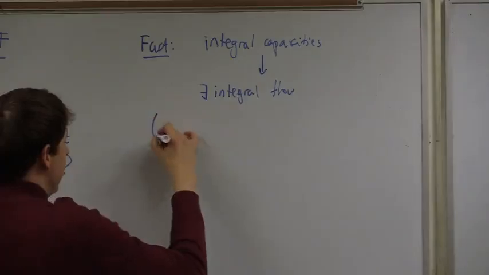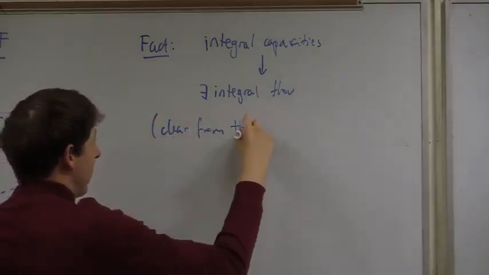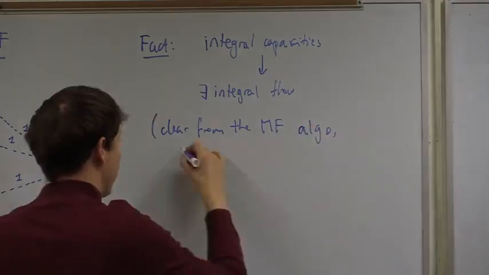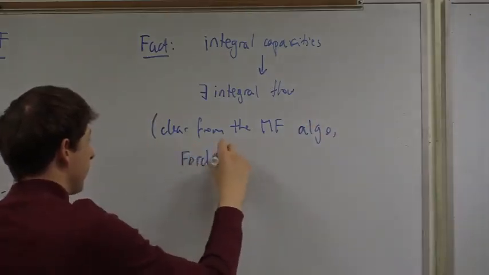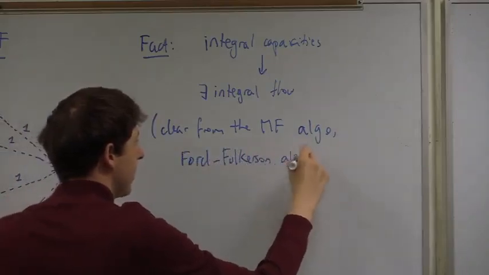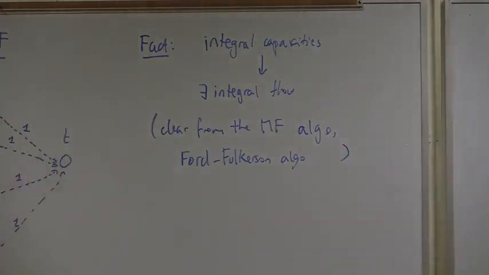This was basically clear from the max flow algorithm that we saw, the Ford-Fulkerson algorithm, because the way that we were finding the maximum flow was to consider the residual network, find a path in the residual network, and take that path and add it to the flow.